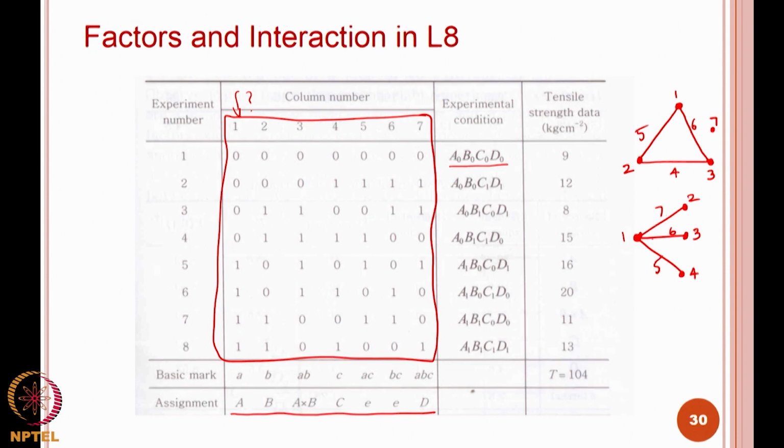I am not sure whether the numbers are right, but this is how it works. What this means is these linear graphs are given with the table. You need to now assign what factor goes to what column. How do you do this? You say A goes to this particular column.